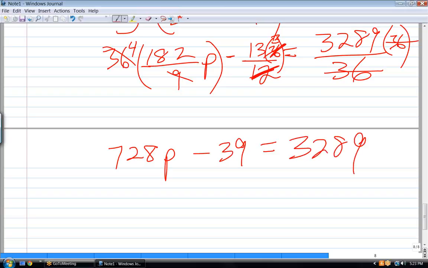So in one step, I've eliminated all fractions. And now I have a problem that's very easy to solve. When you see a lot of denominators in an equation, see if you can find one common thing to multiply all of them by to get rid of them all in one step.